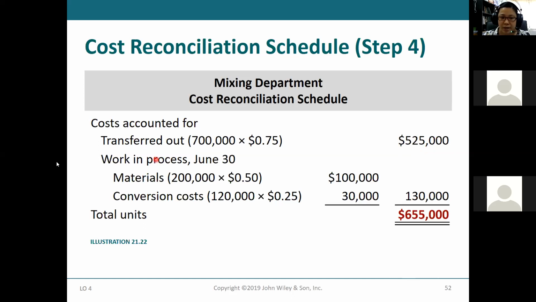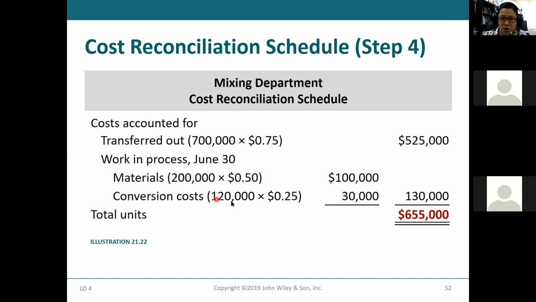Now we have work in process at the end. For material, remember I have 200,000 units for material, times $0.50 per unit material cost, that will give you 100,000.